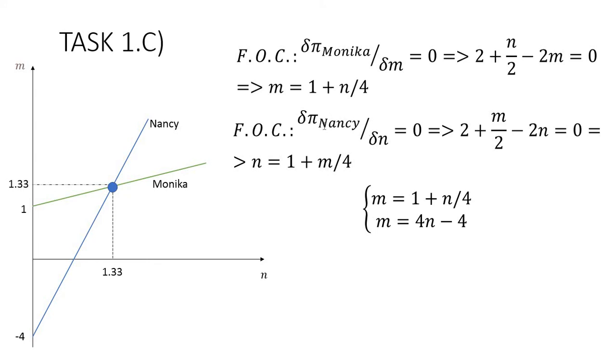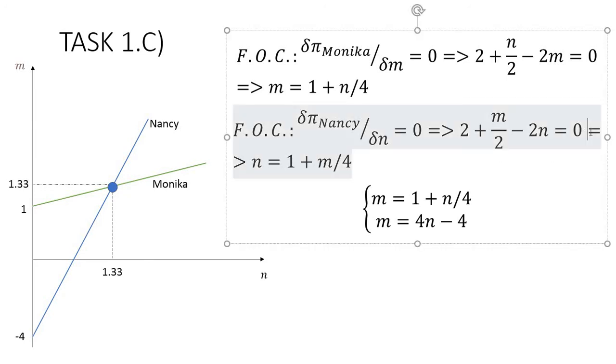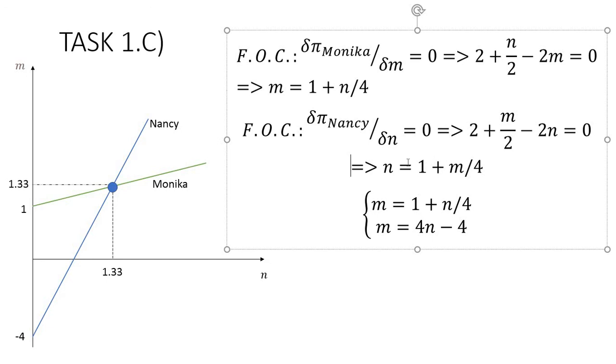You do the very same operation for Nancy, but it's relatively easy because their profit functions are symmetrical. You can verify it, but I believe this time there is no mistake. So n is going to be equal to 1 plus m over 4. Probably it's a bit misleading because there should be an arrow here. Okay, now it's more readable.